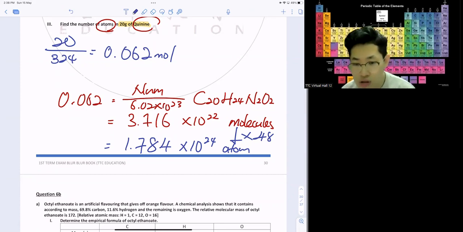Molecules not 3.7324. Wait, wait, yeah. When I press again, it is 7324.